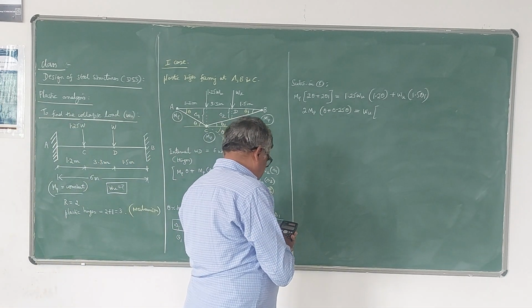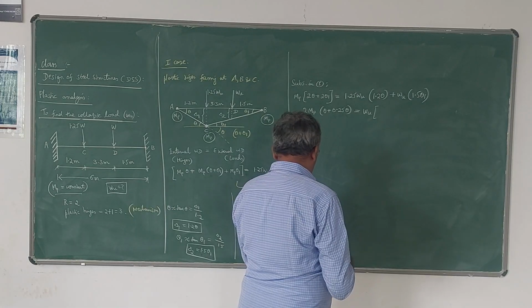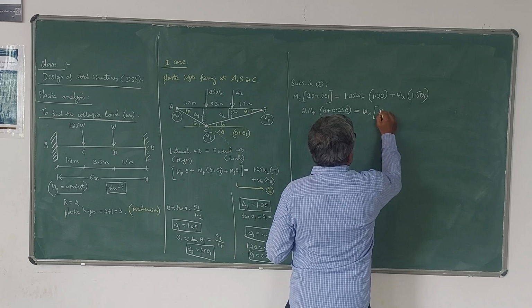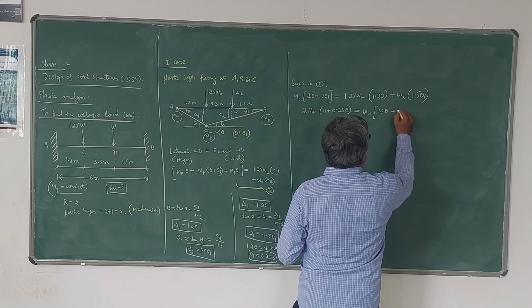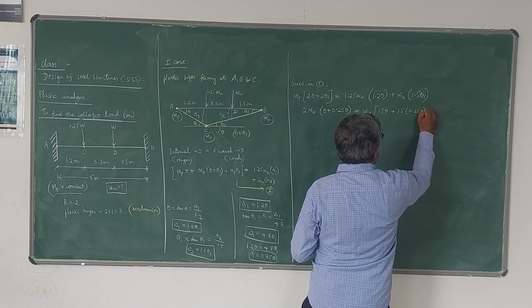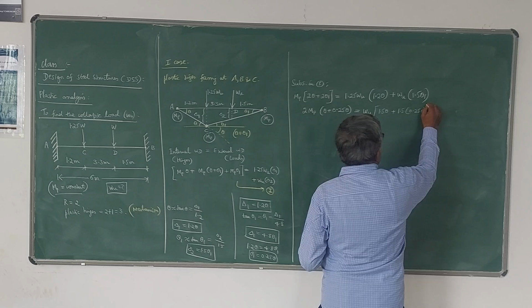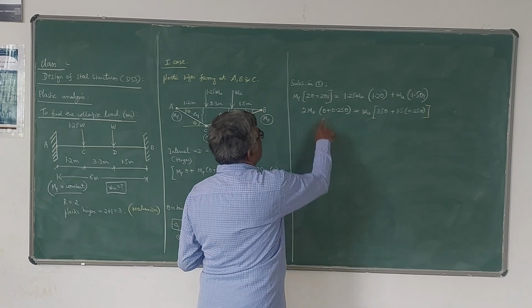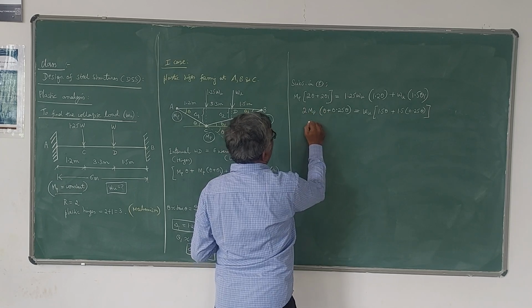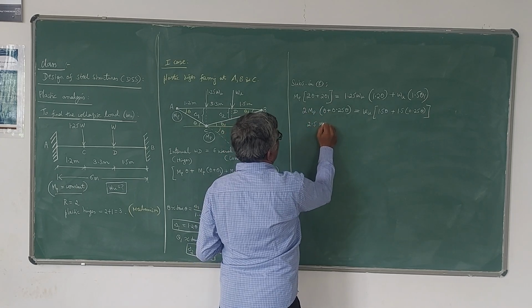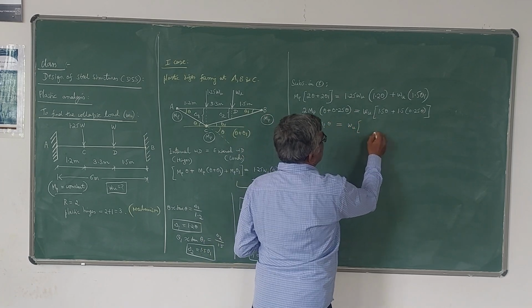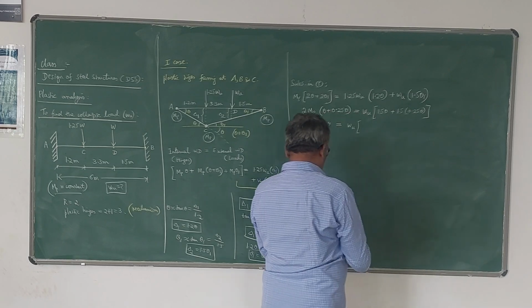Let me calculate it. 1.25 into 1.2 will be 1.5. 1.5 times theta plus 1.5 into theta 1, which is once again 0.25 times theta. So you get this. Now this becomes 1.25 into 2, it becomes 2.5 MP theta is equal to WU into 1.5 into 0.25.